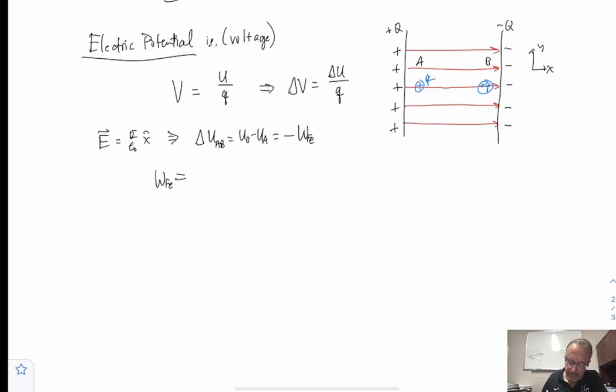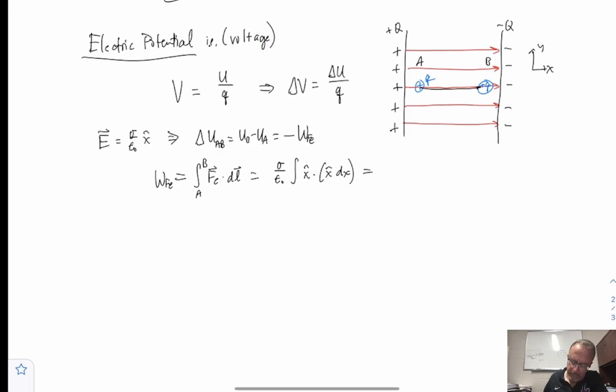The work done by the electric force as we go from A to B is going to be the electric force dotted into dl. Now, the electric force, we know, is sigma over epsilon naught in the x hat direction. In this case, I'm moving the charge along x hat dx, dotted into x hat dx.